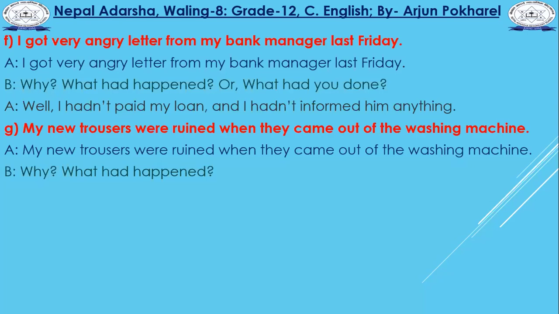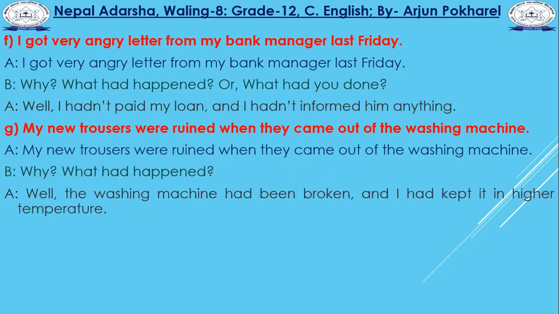Well, the washing machine has been damaged in color transfer from one cloth to another cloth. The trousers' color was all ruined. Okay, you have to write color had transferred.